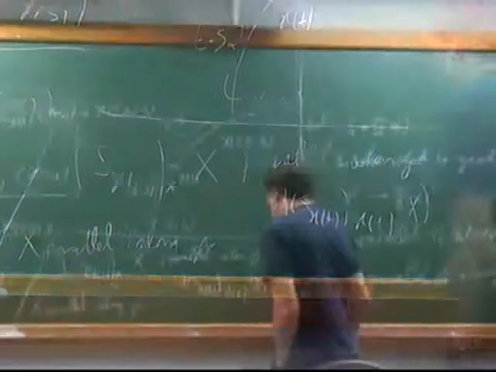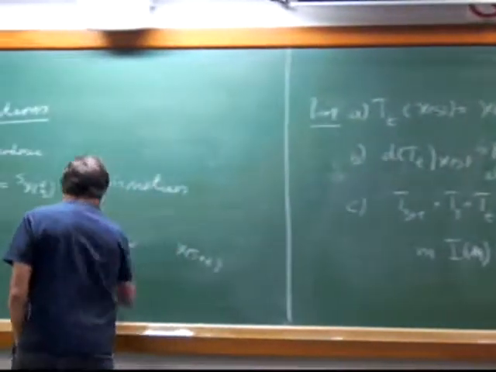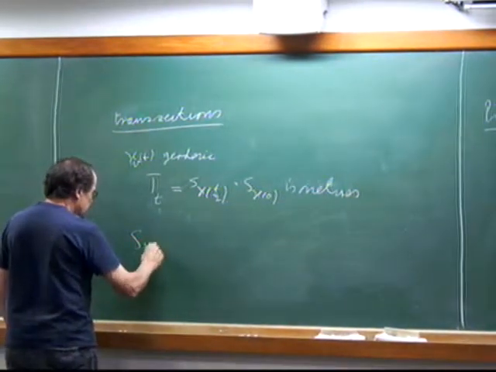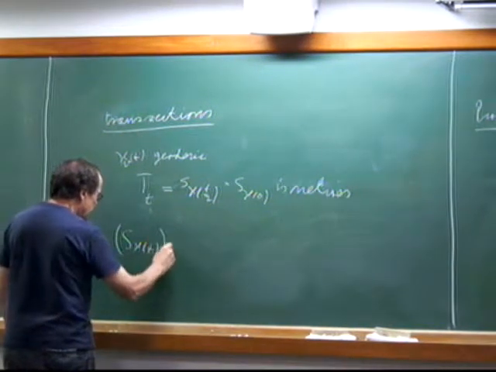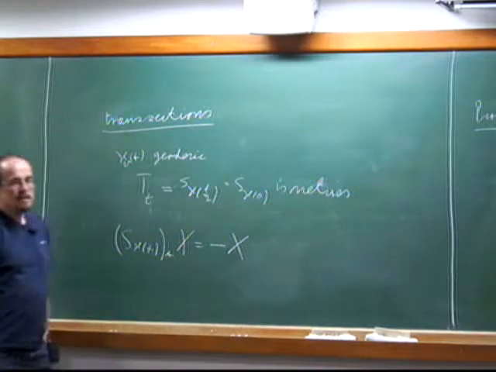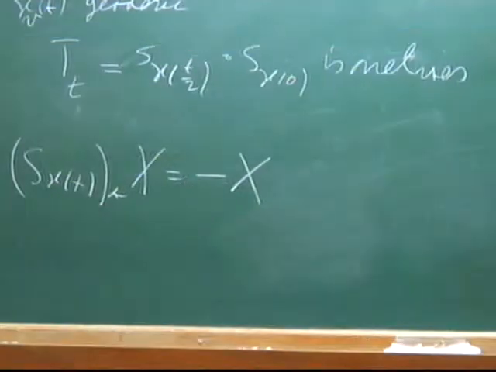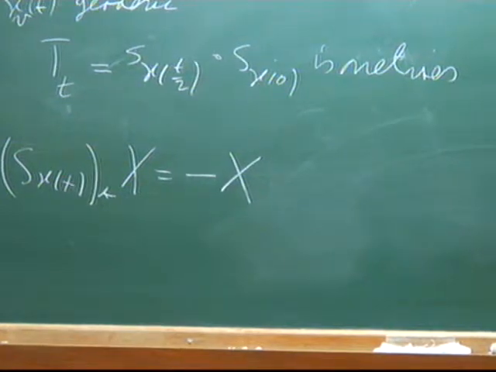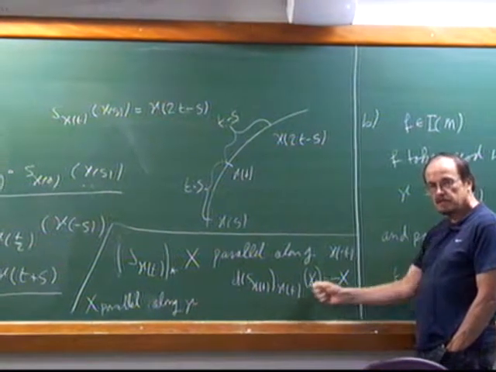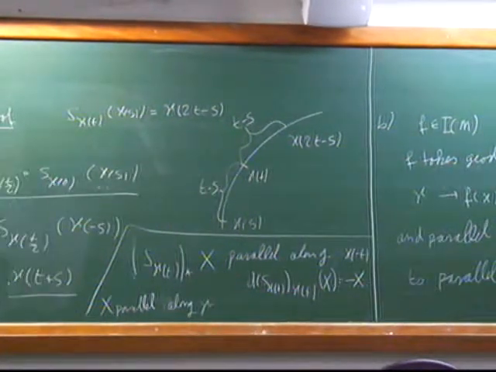So what does that say? That simply says that S gamma of t star of x is equal to minus x. A parallel vector field is determined by its value at one point. This takes x to minus x, that's true at this point, so it's true everywhere. So these two parallel vector fields agree up to a sign.